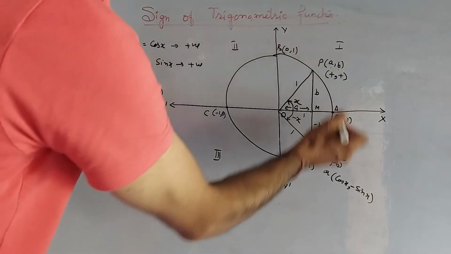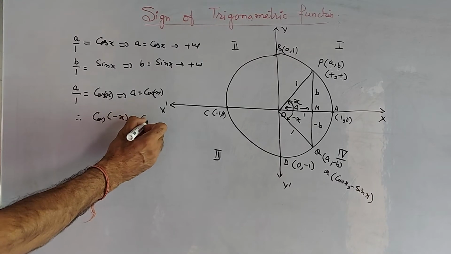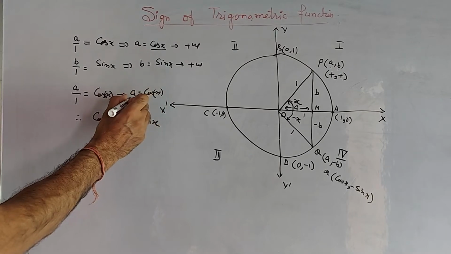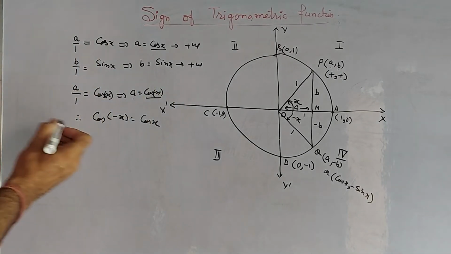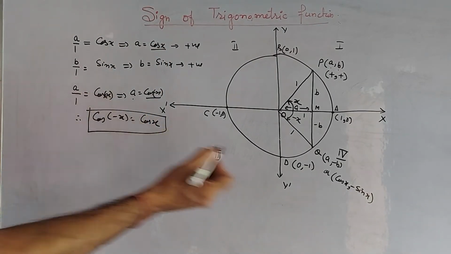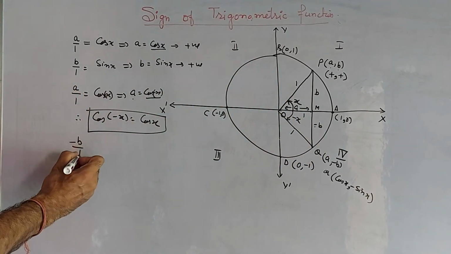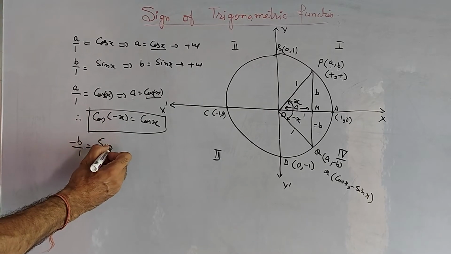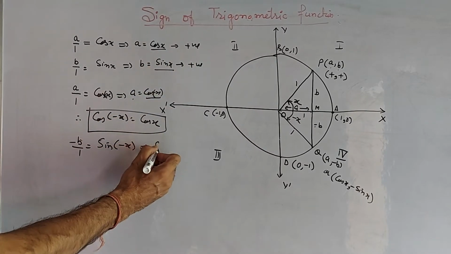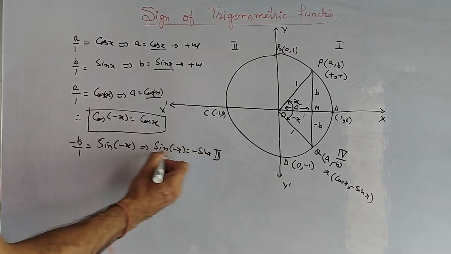But here the value of a is cos of minus x, and a is cos x, therefore cos(-x) is cos x. Also, minus b, perpendicular upon hypotenuse, is sine of minus x, but the value of b is sin x, therefore sin(-x) is equal to -sin x.